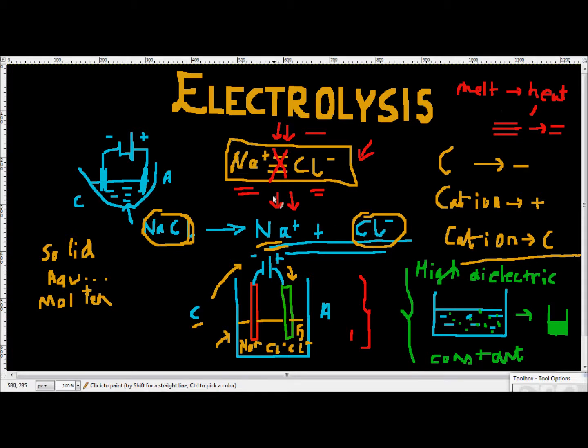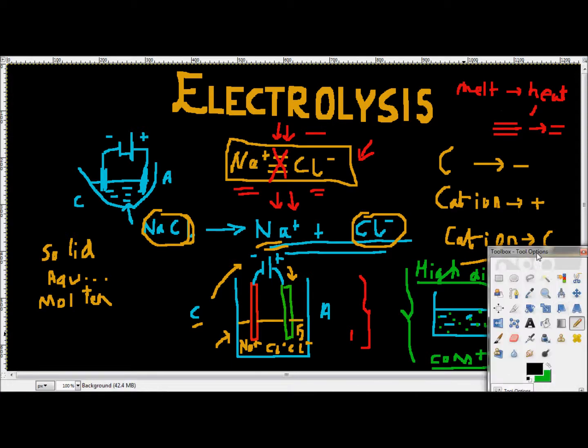So when you have Na+ and Cl- bonded strongly, if you dissolve it in water, what the water tries to do is actually break these into Na+ and Cl-. That property is due to its high dielectric constant. There are other substances as well, but this is the most common one. So just know this for now.